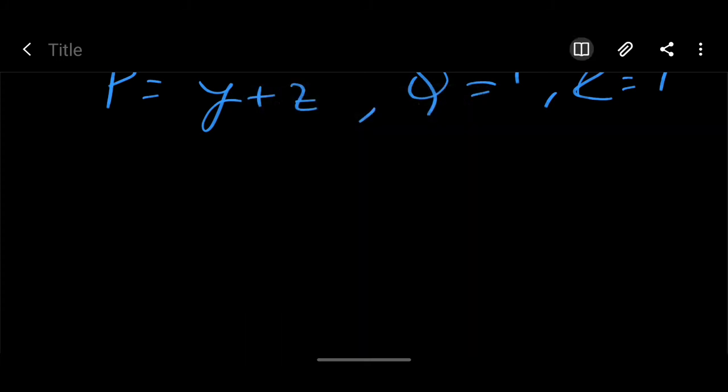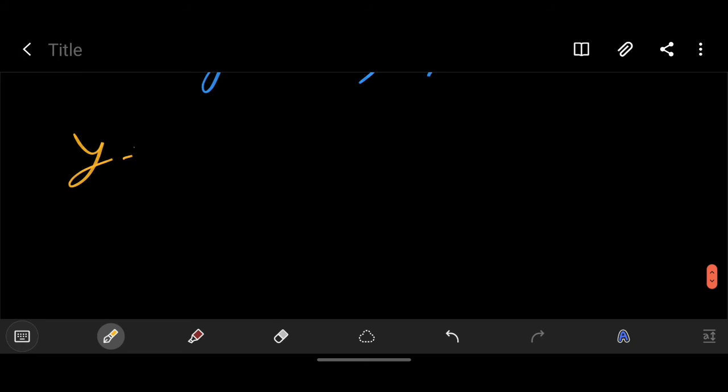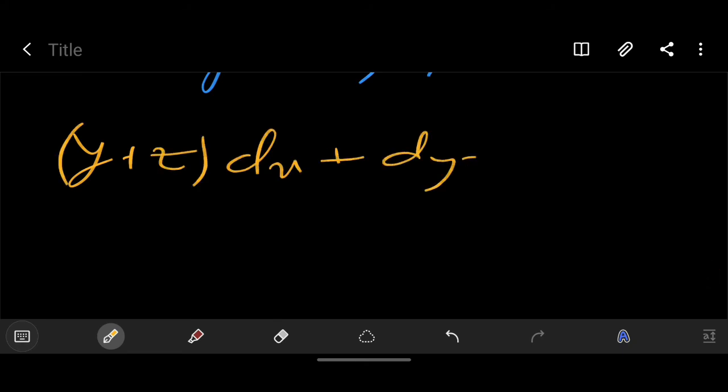So if it is integrable, we can write (y + z) dx + dy + dz = 0. We know that it is integrable, so we can integrate it somehow. We can divide the whole term by y + z.